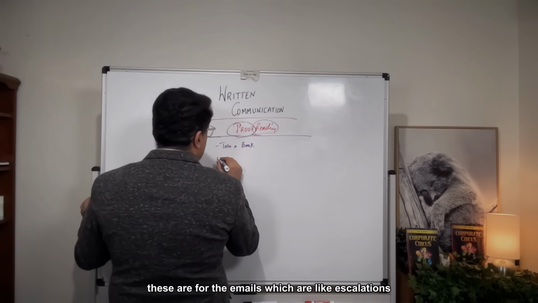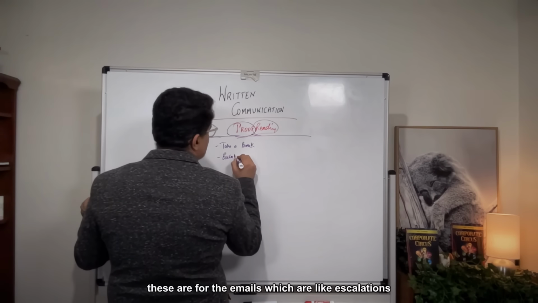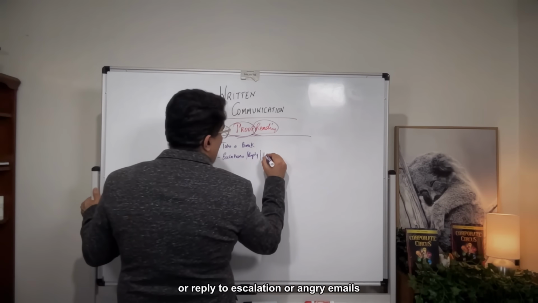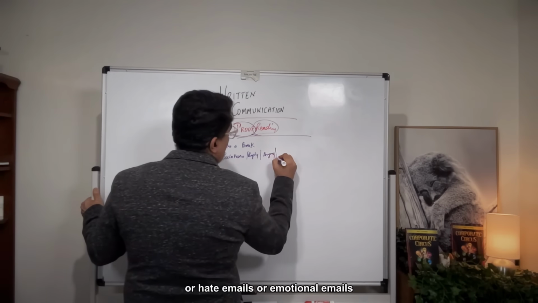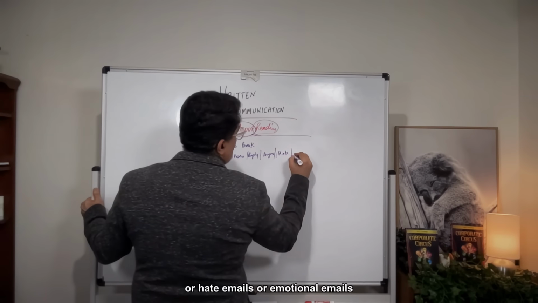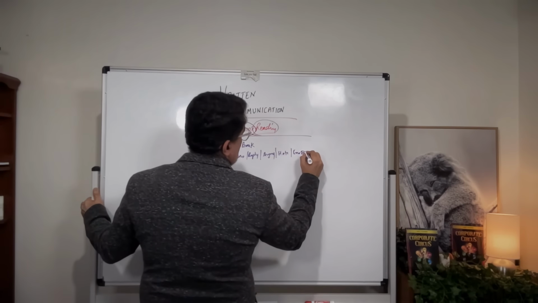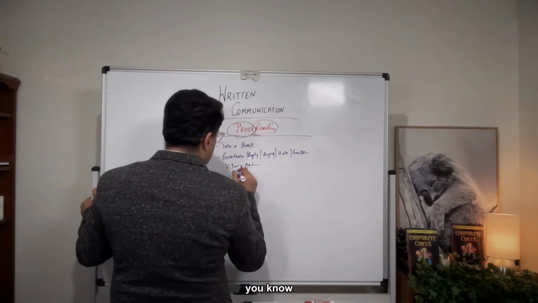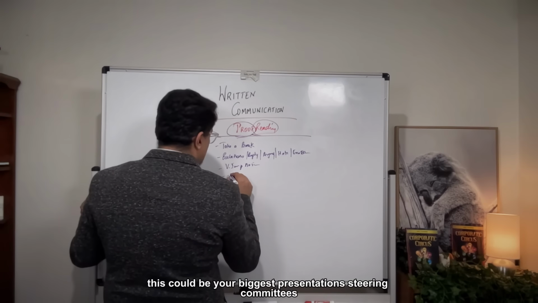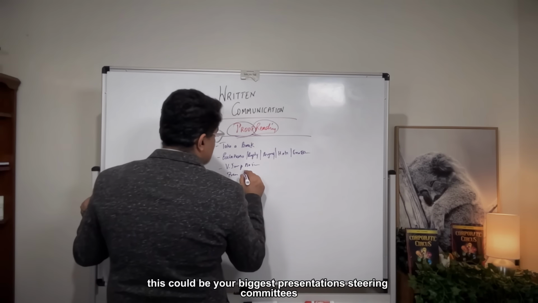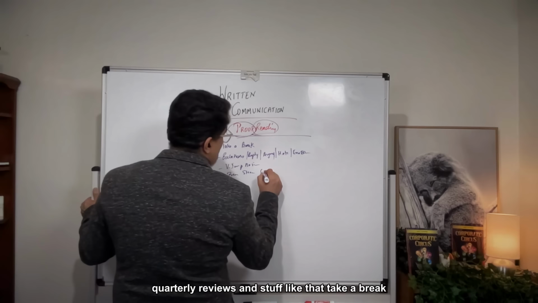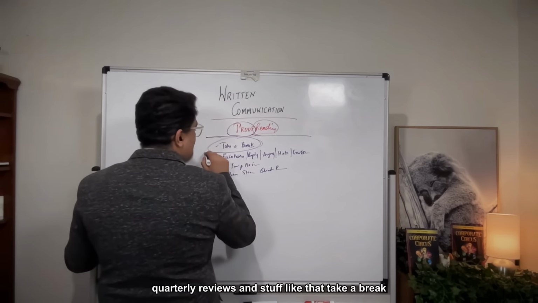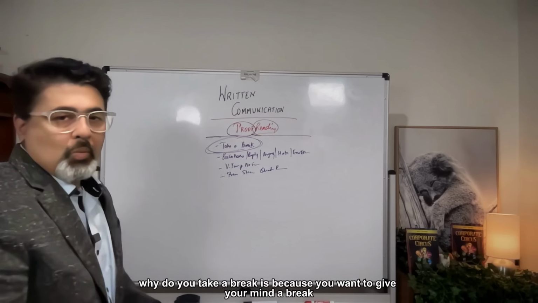These are for the emails which are like escalations or replies to escalations or angry emails or hate emails or emotional emails or very important business emails. This could be your biggest presentations, steering committees, quarterly reviews, and stuff like that. Take a break. Why do you take a break?